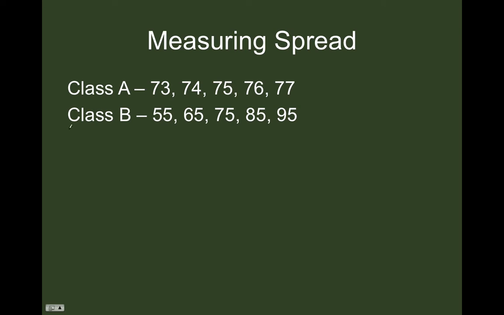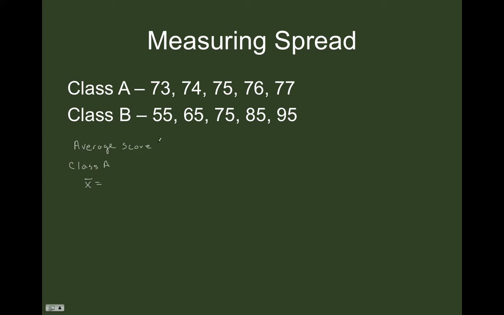Another way to think about measuring center is: what was a typical score from Class A? Sometimes we call that the average score. For Class A, we could say the average score was the mean, or the sample mean, which is x bar.